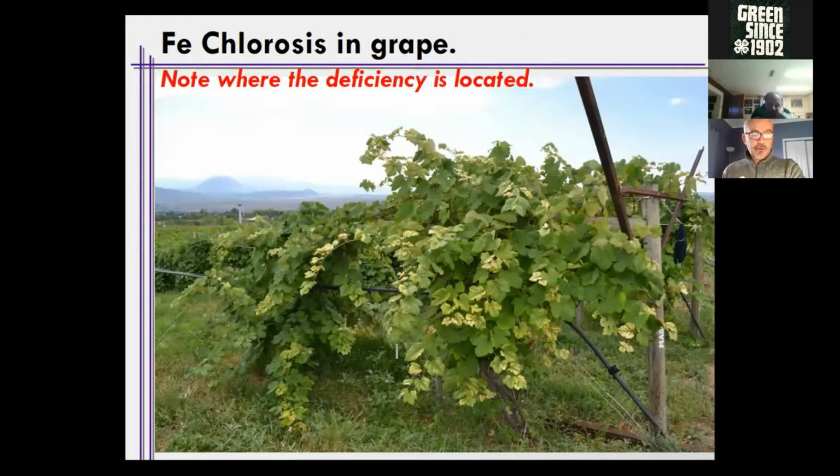It's important just to understand what iron does and how it is translocated in plants. Iron is not very well translocated within plants. It's highly immobile in plants. And so when you see a deficiency, it's going to be expressed on the newer leaves.